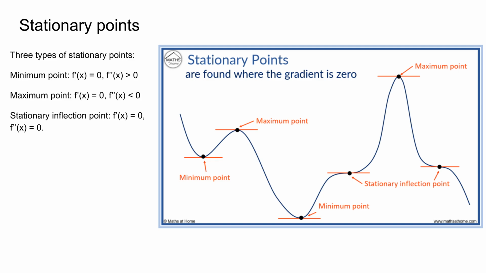The maximum point where the first derivative equals 0 and the second one is less than 0. And then the stationary inflection point where both the first and second derivative equals 0. But a regular inflection point can have a first derivative greater than or less than 0.